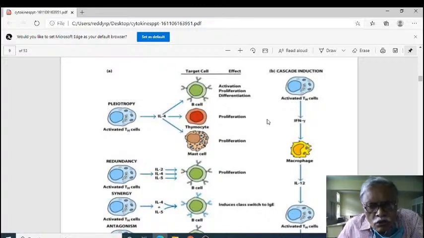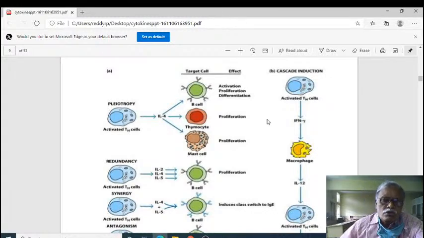So this is the target cell, from which the B cells and T lymphocytes arise.